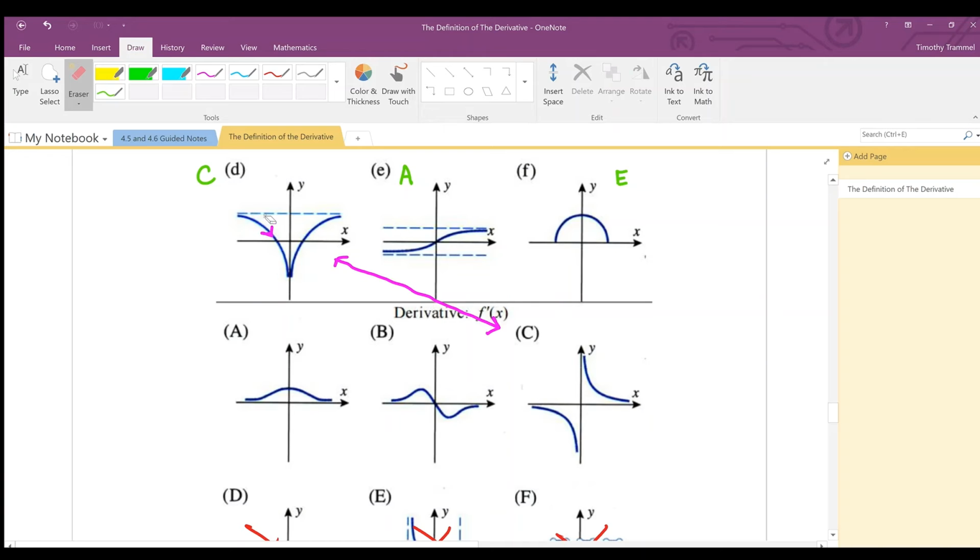And on the other half, it's increasing, so you'd expect the derivative to be positive, which we can see it is here. But usually, just checking where the derivative should be 0 and where it doesn't exist is usually pretty quick.